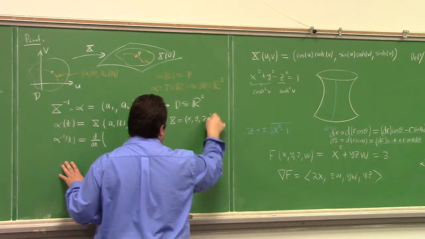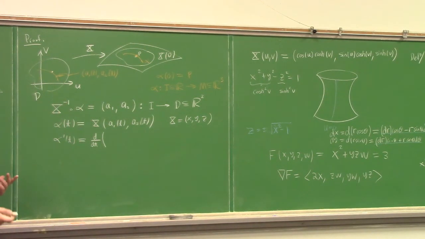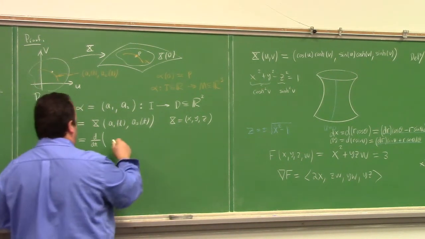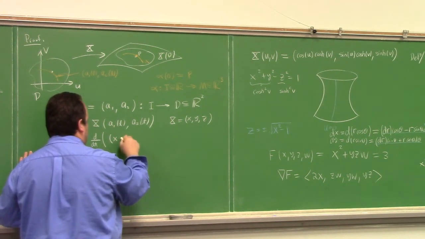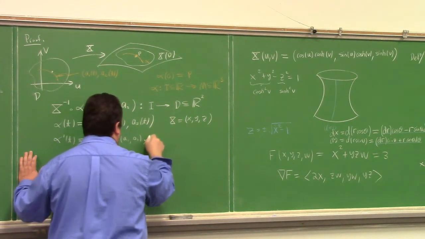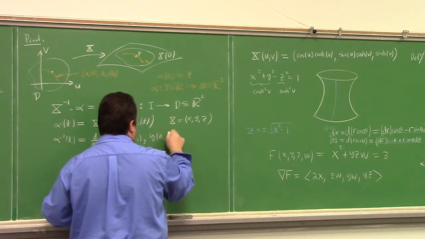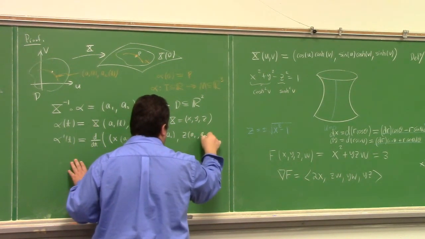I have that written in my notes. So it's really x of A1, A2, comma y of A1, A2, comma z of A1, A2.